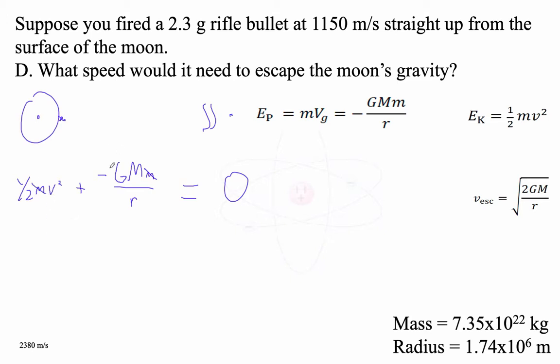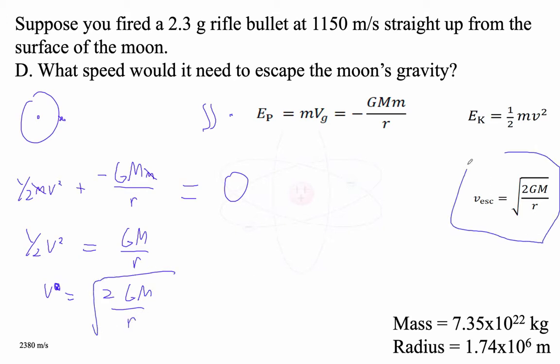If we just do the math without plugging in numbers, we get 1/2 v squared equals G big M over r. Then v squared is 2GM over r, and we square root that. I get this equation, which is in the data packet. That's the escape velocity, and that's where it comes from. The 2 comes from the 1/2 of 1/2 mv squared.